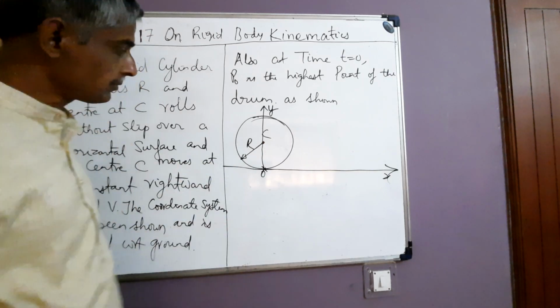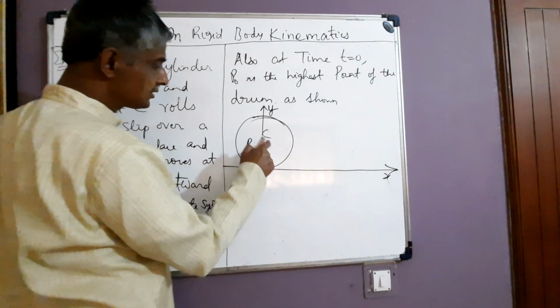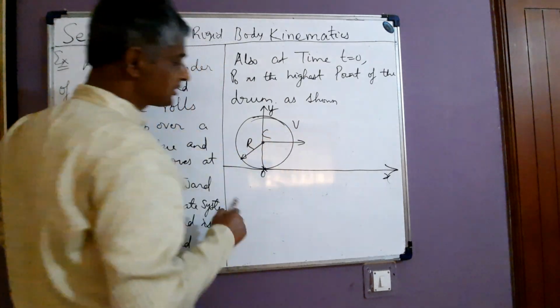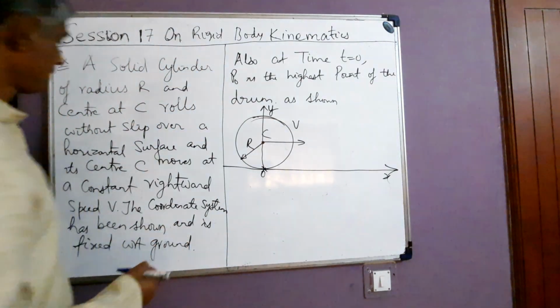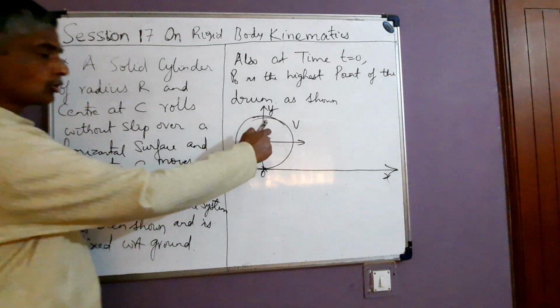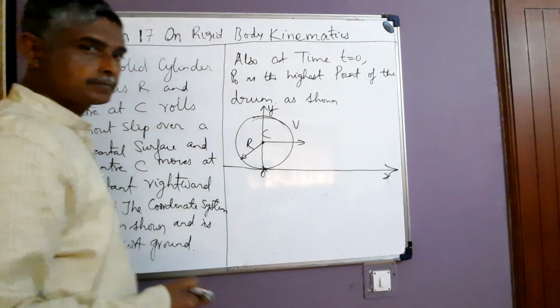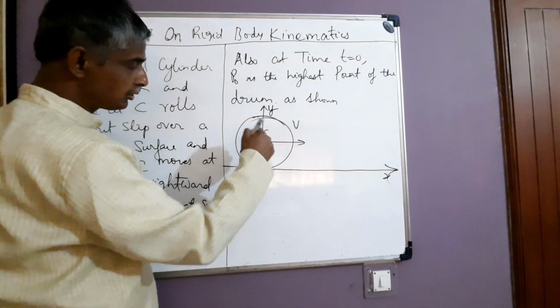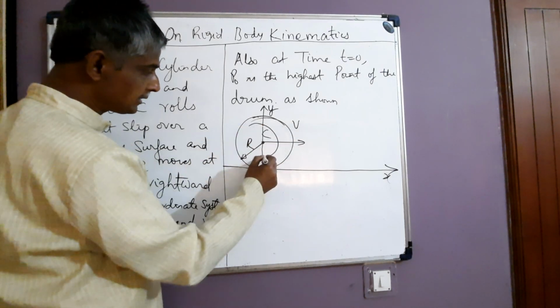This is the x direction. This is the center C. This is the drum at time 0. Center C is moving at a constant speed v rightward, and this drum rolls without slip over this fixed surface. Now, since v is rightward, for pure rolling the sense of rotation should be clockwise.